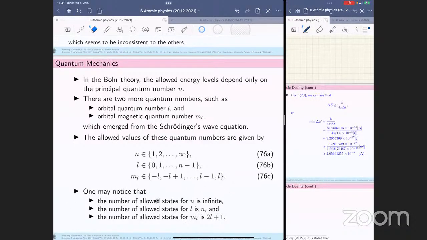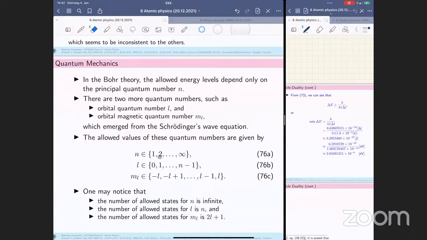One may notice that the number of allowed states for n is infinite. The infinity case means that we are extremely far from the nucleus of the atom. And the number of allowed states for L is n. You just count here. If your n is 1, L is 0, so the count is 1.